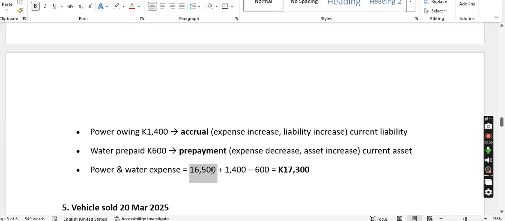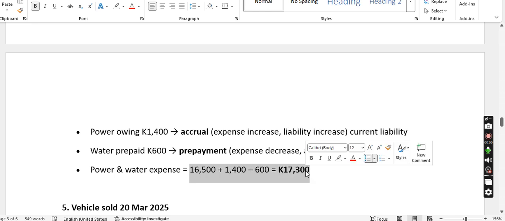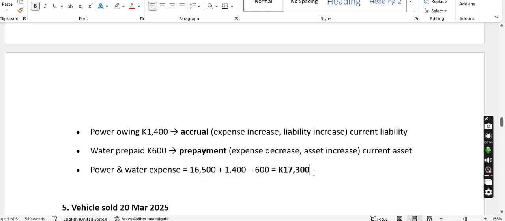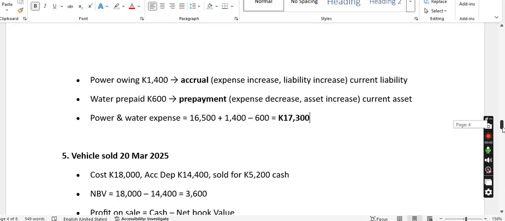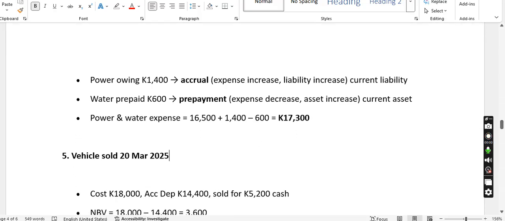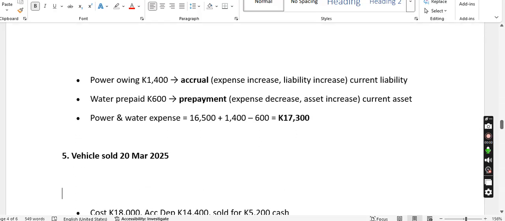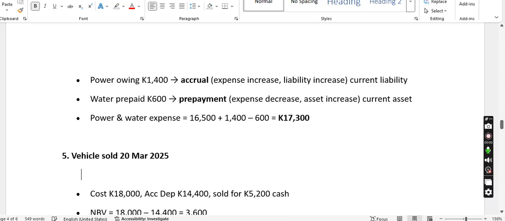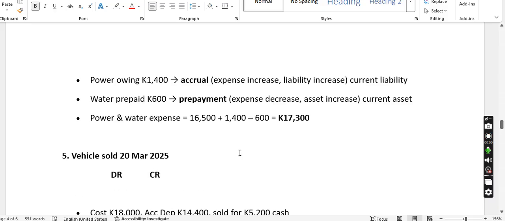Here, so power and water expense, just add plus 1,400 accrue, subtract in prepaid expense. Now we're here on the depreciation part. Every year, this is the general entry for depreciation. You always debit the depreciation expense.